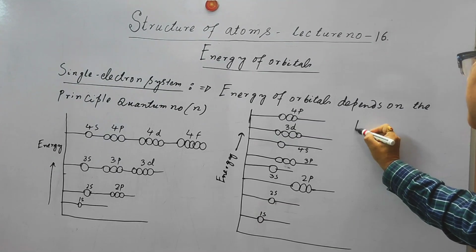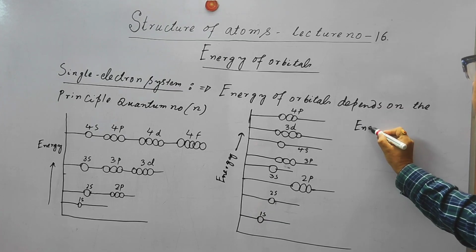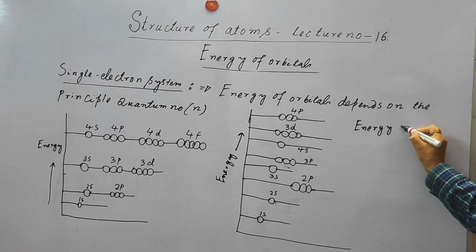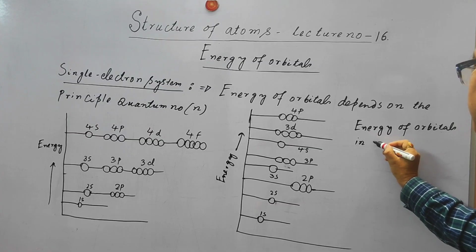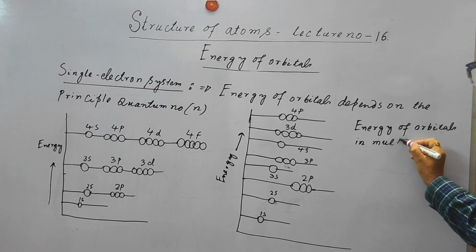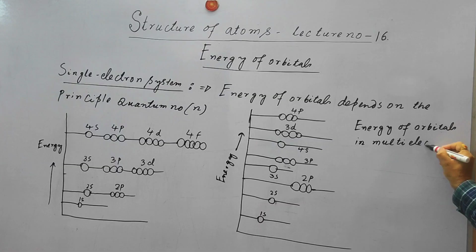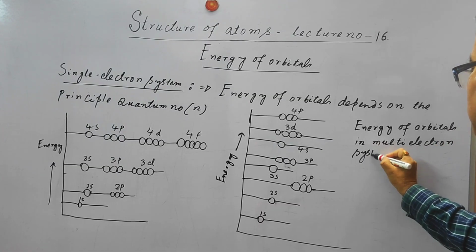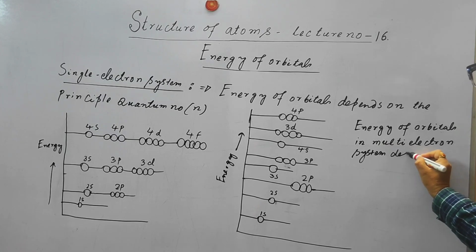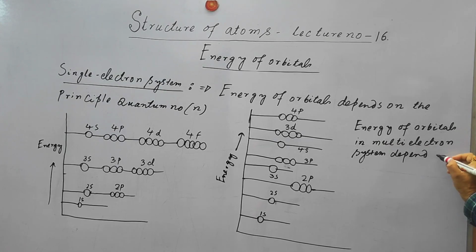The energy of orbitals in multi-electron system depends on n and l. n is the principal quantum number and l is the azimuthal quantum number.